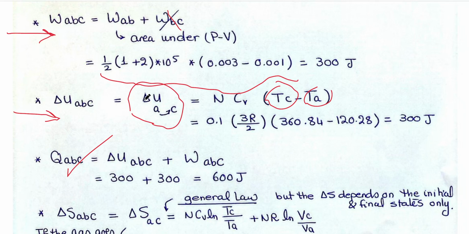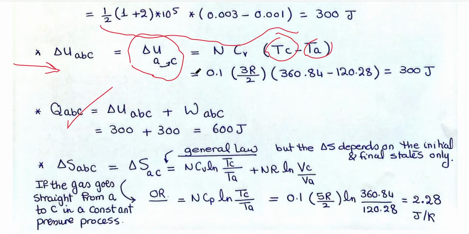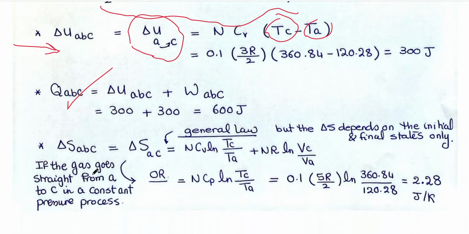As for the change in entropy, we have two approaches. Either I substitute in the general law. The general law is nCv ln(Tc over Ta) plus nR ln(Vc over Va).